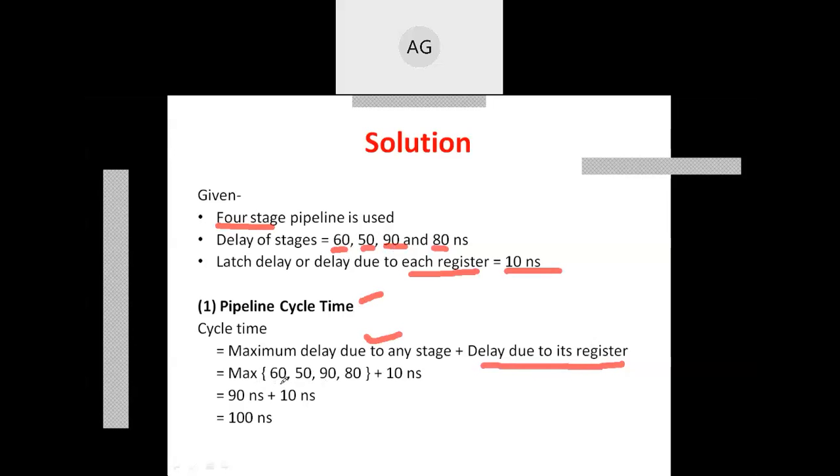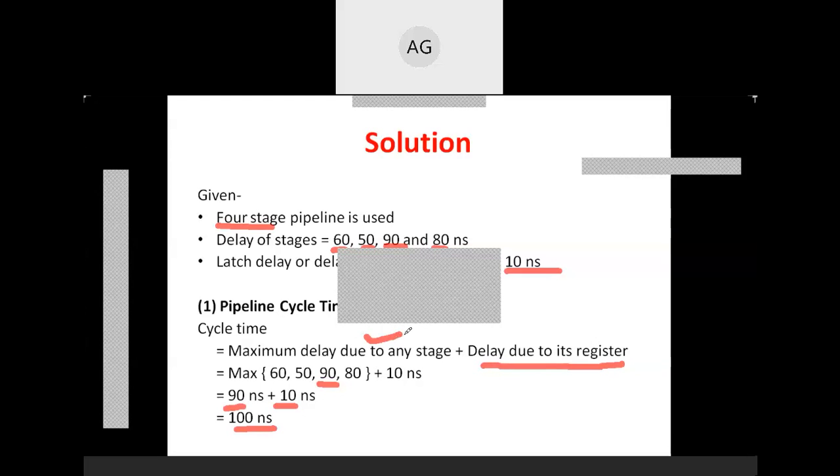So max value from 60, 50, 90, and 80. So the max value obviously is 90. So you can take the 90 value and the delay due to register. So 90 plus 10, so 100 nanoseconds. So the pipeline cycle time is 100 nanosecond. So you can use this formula: maximum delay out of these and delay due to the register.